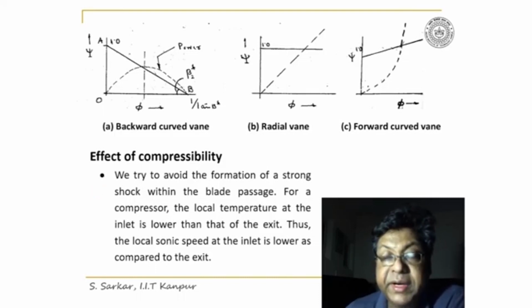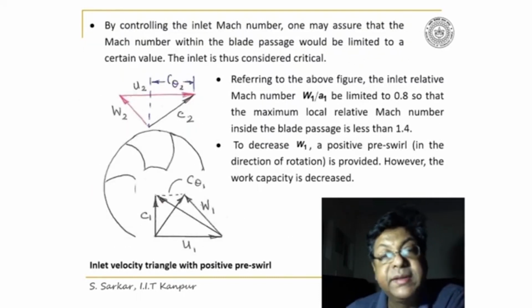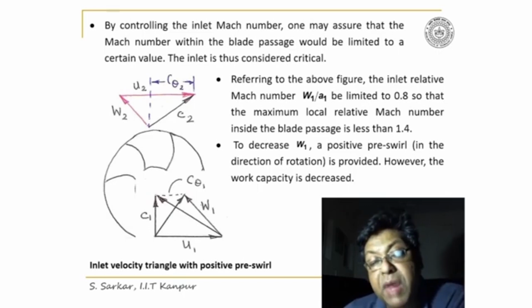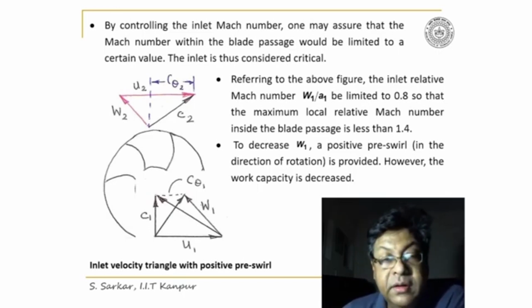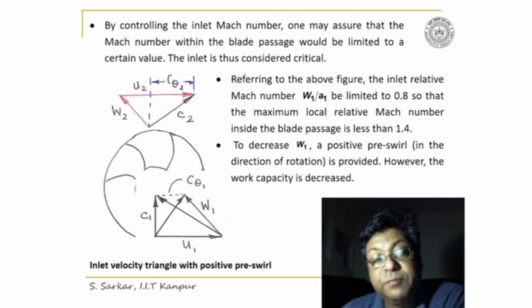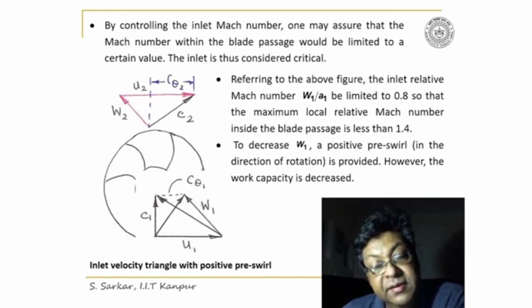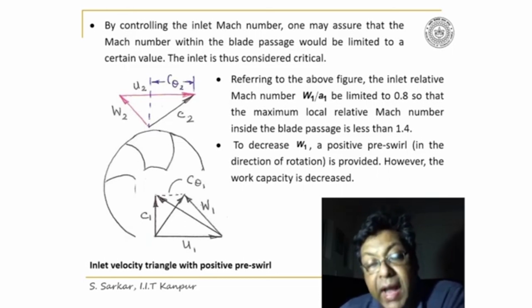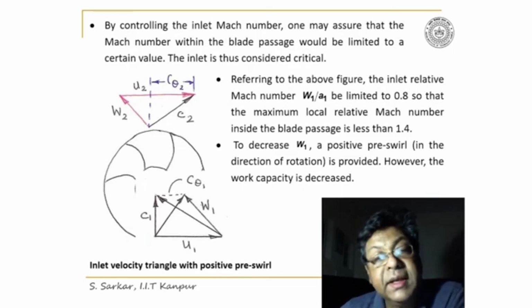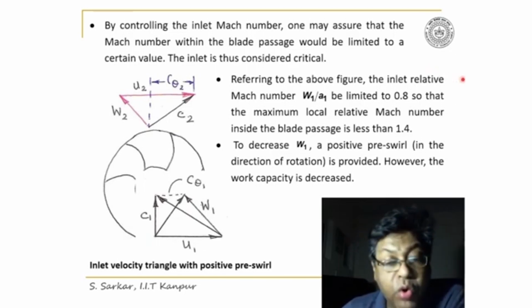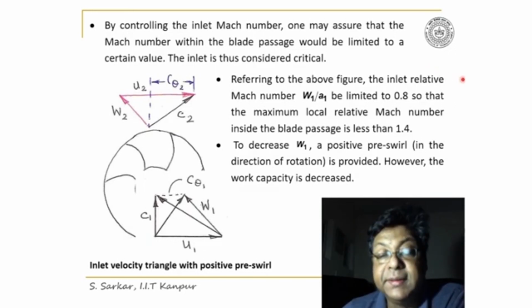Thus I have written in the next slide that by controlling Mach number at inlet, we can assure that shock formation may not occur within the blade passage. And I would like to tell you one thing, that inlet is more critical than exit.